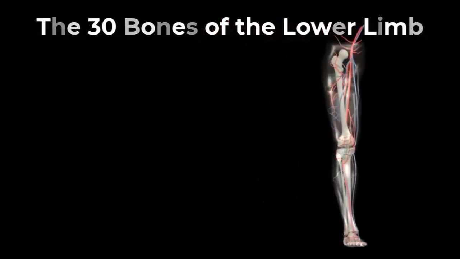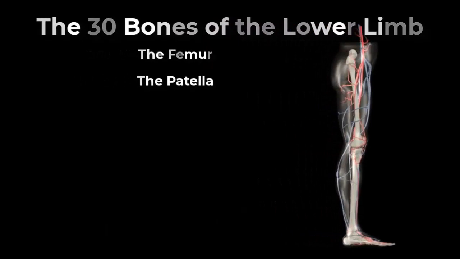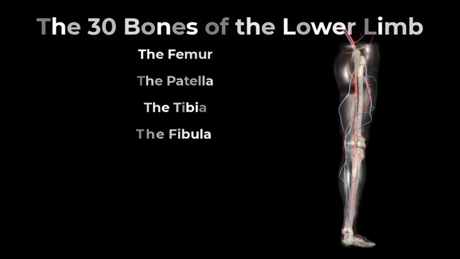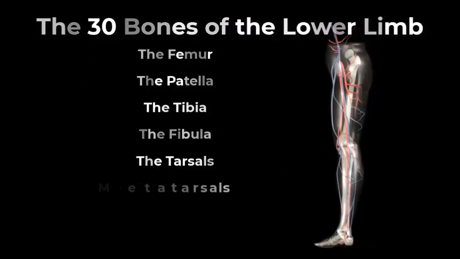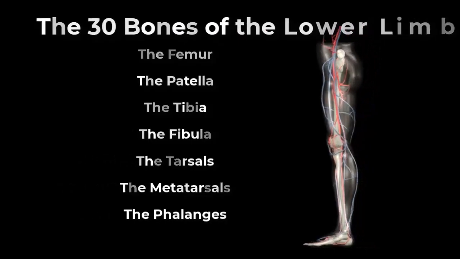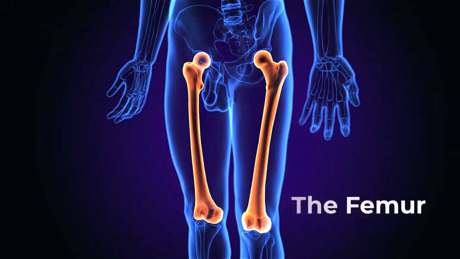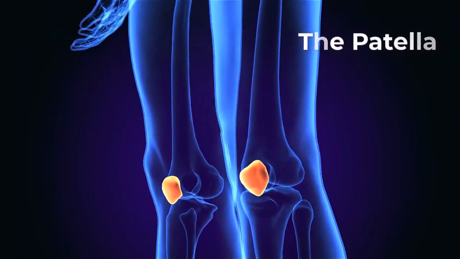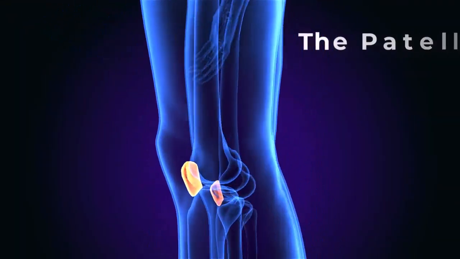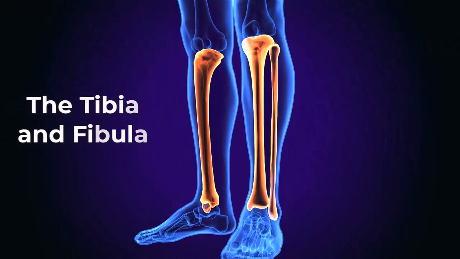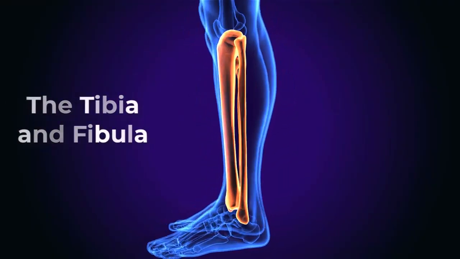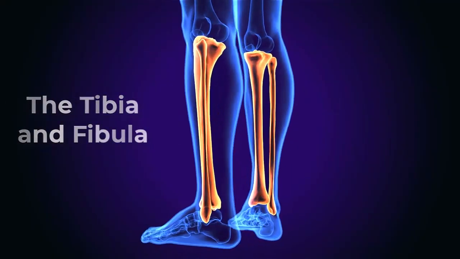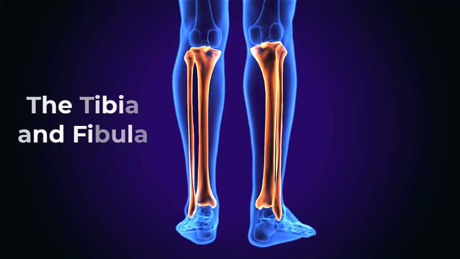These are the femur, the patella, the tibia, the fibula, the tarsal bones, the metatarsal bones, and the phalanges. The femur is the single bone of the thigh. The patella is the kneecap and articulates with the distal femur. The tibia is the larger, weight-bearing bone located on the medial side of the leg, and the fibula is the thin bone of the lateral leg.